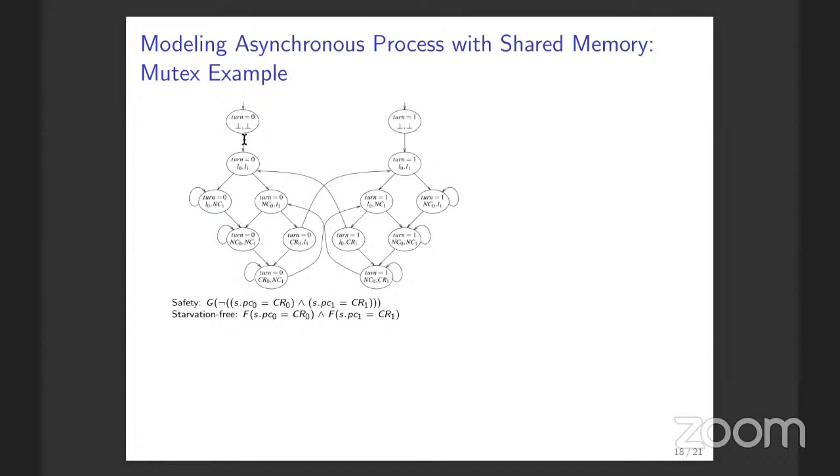The initial state will be the combined initial state, whatever initial state you assume. Here I'm saying that turn can be either 0 or 1, and both processes are at their entry points.